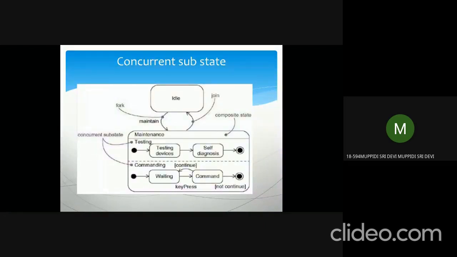In this advanced state, it has some concurrent behavior, so it is divided into two substates: one is testing and the other is commanding. We test the devices and we self-test the machine. These two concurrent states, testing and commanding, will be executed at the same time. Initially it will be in start state.